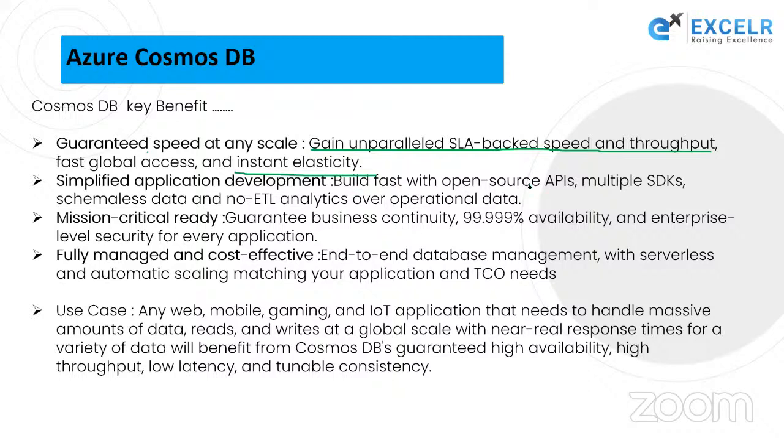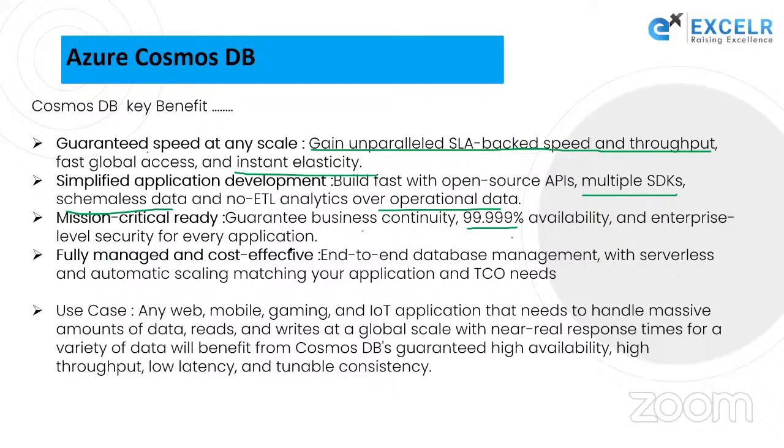It helps you build faster with open source APIs, use multiple SDKs, and it uses schemaless data because it is working on NoSQL, and it can also help you do no-ETL analytics on operational data. It is mission critical ready. It guarantees business continuity of 99.999% availability and enterprise level security for your application.